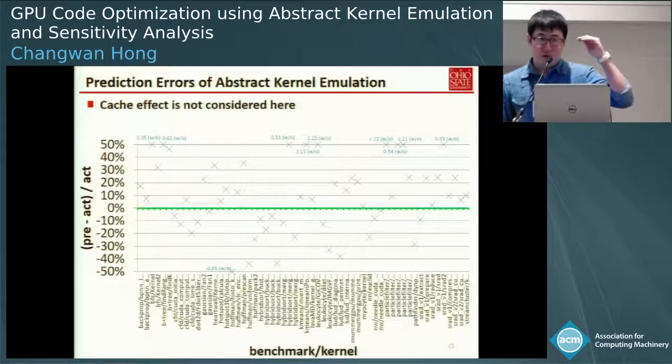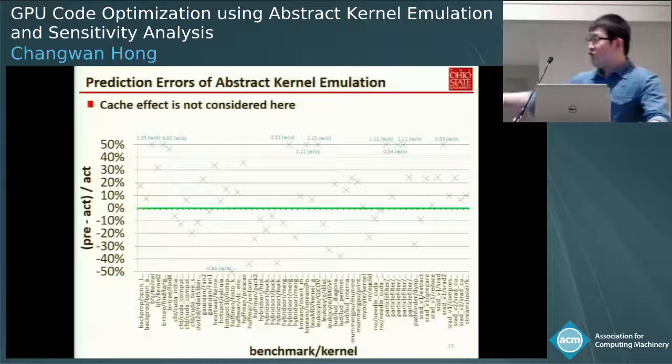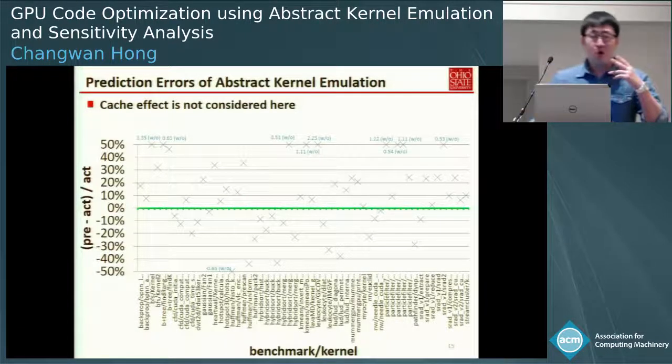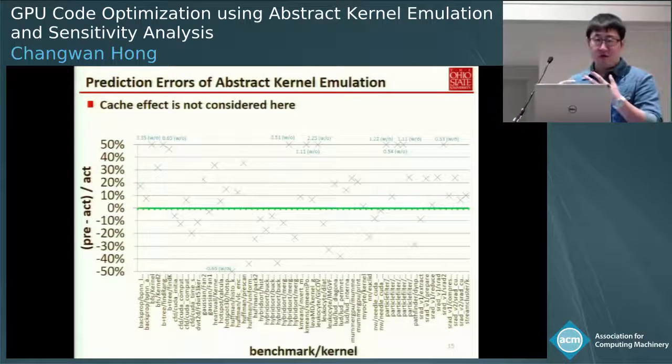The closer to the green line, the better. For the majority of benchmarks, prediction errors are between minus 30% and 30%. We observe that this error is enough to guide auto-tuning.